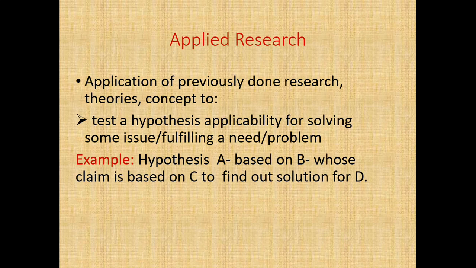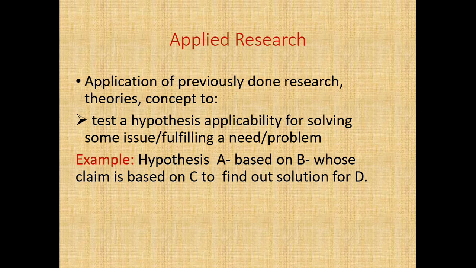At the end, what is applied research? Applied research is an application of previously done research, theories and concepts. The main focus in applied research is on the application, or the possibility of application, of something previously done.